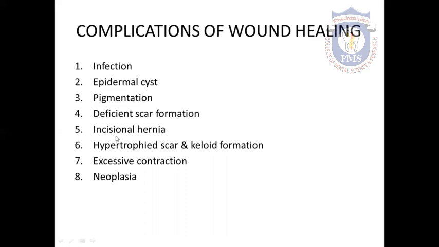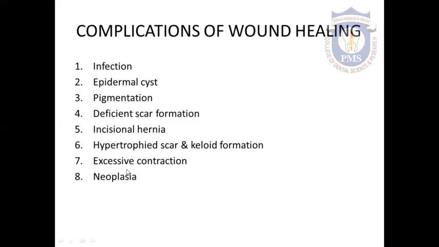In laparotomy wounds or laparotomy scars, if the scar formation is not proper, wound dehiscence can result in incisional hernia. Then hypertrophied scar or keloid formation can occur, where the scar formed is excessive and painful.